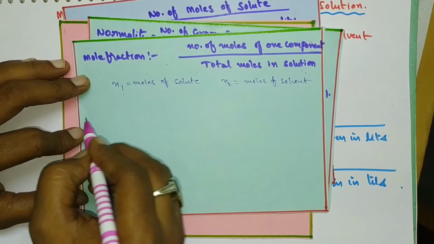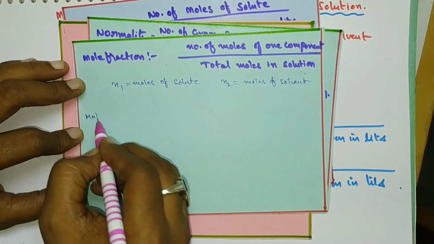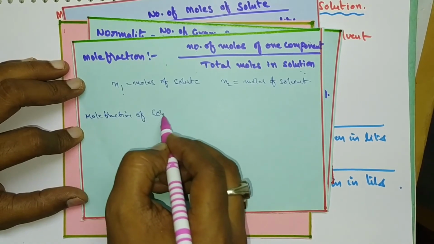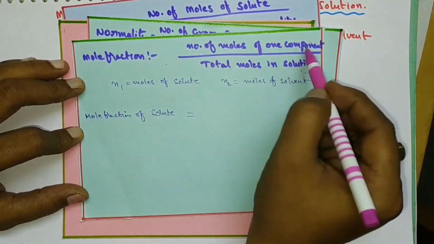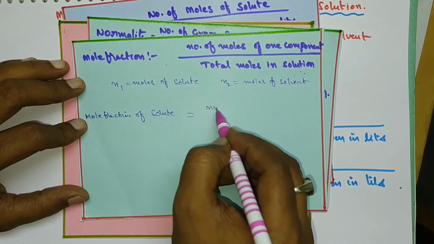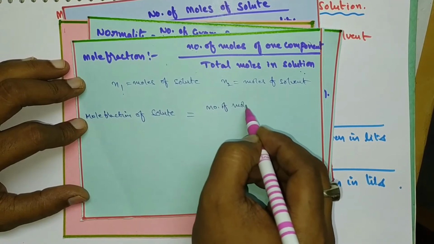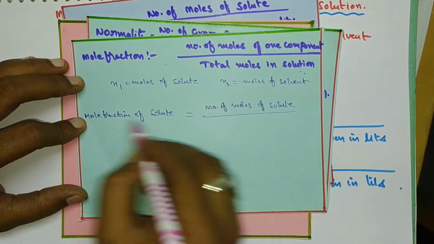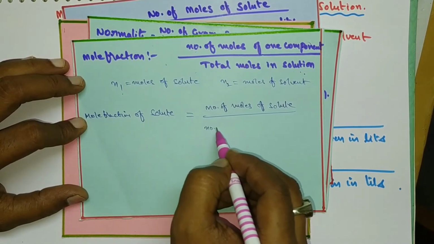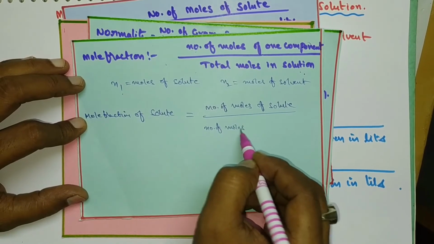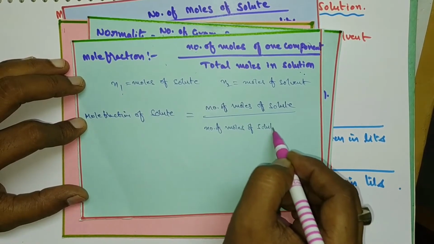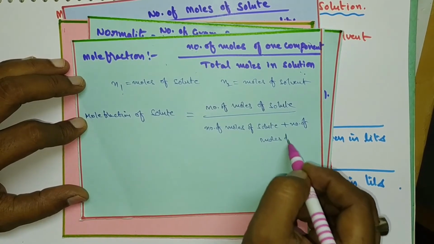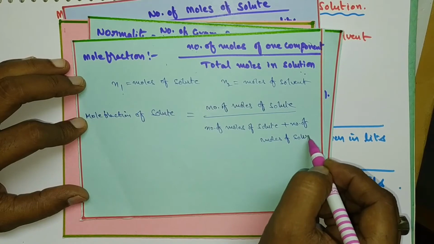Now if you are supposed to calculate the mole fraction of one component, that is mole fraction of solute, then we have to consider the number of moles of solute by total moles, that is number of moles of solute plus number of moles of solvent.